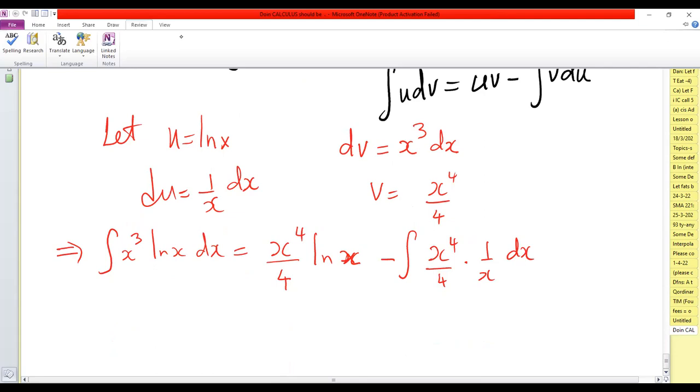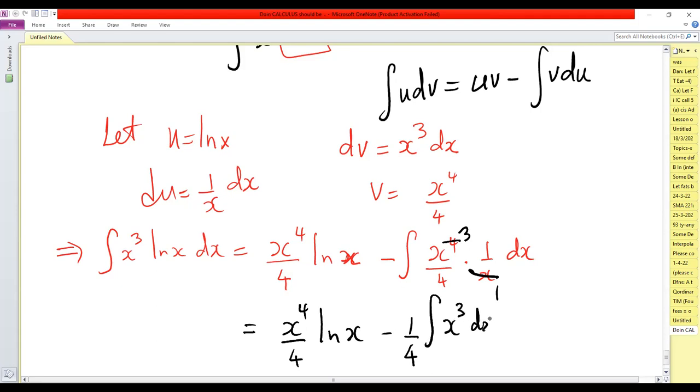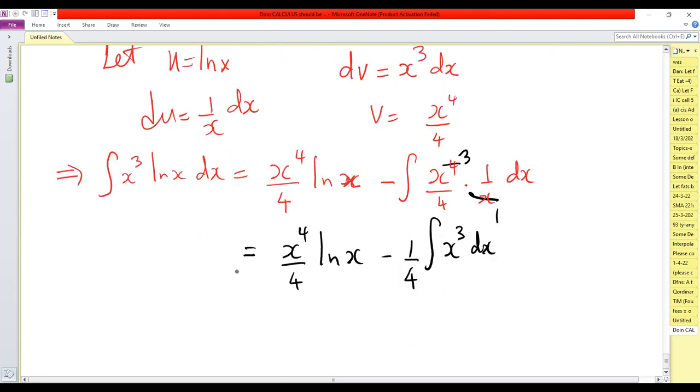Now, simplifying this, x cancels one, so we remain with x cubed. Then I can factor out a quarter. So I'll have x power 4 over 4 ln of x minus 1 over 4 the integral of x power 3 dx. And the integral of x power 3 is not a very complicated function to evaluate.